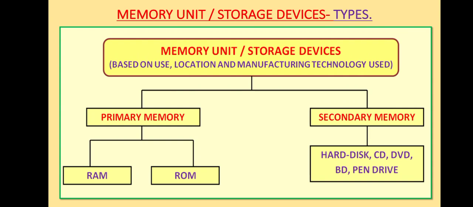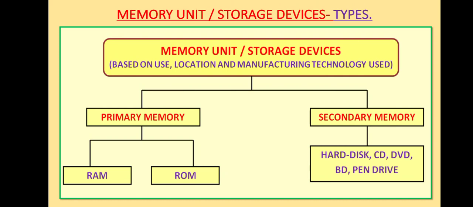Memory unit types. Based on the use, location and manufacturing technology used, memory unit is classified as primary memory and secondary memory.